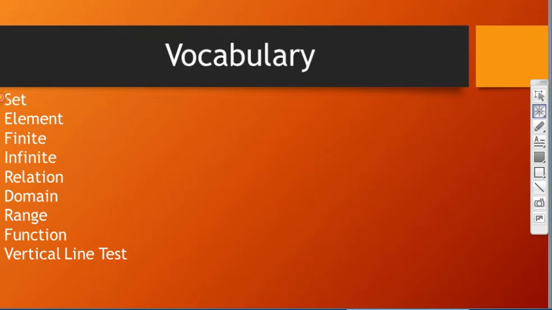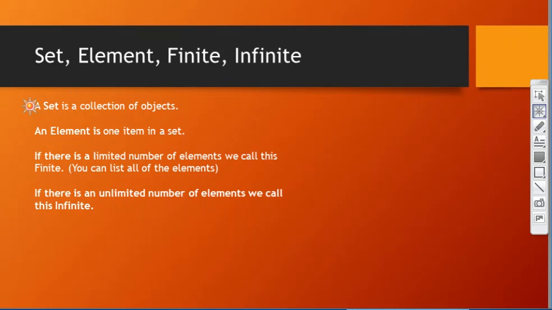Let's start with the first 4 words: set, element, finite, and infinite. Again, if you need to pause your video and write down the definitions for these, please do that, and push play when you're ready to move forward. A set is a collection of objects. An element is one item in a set.